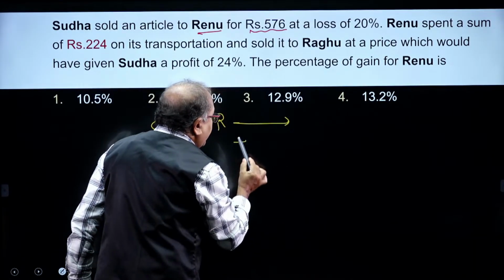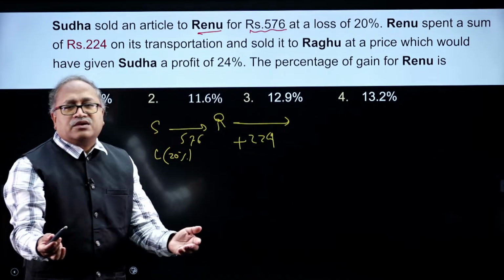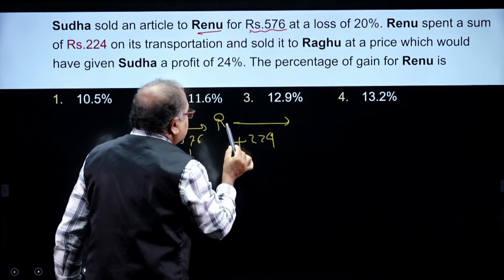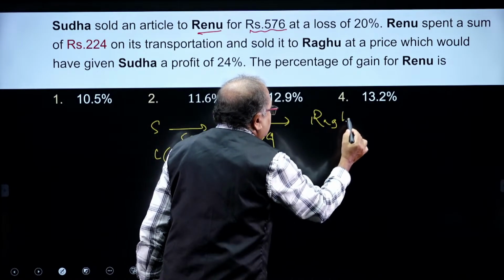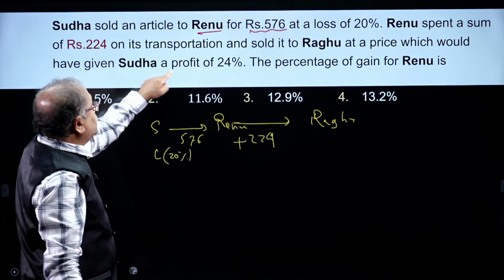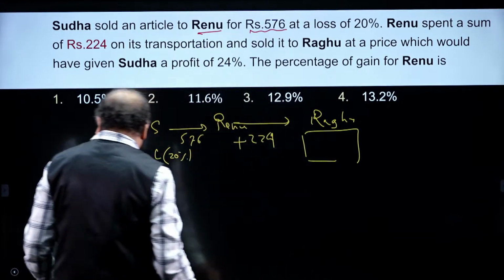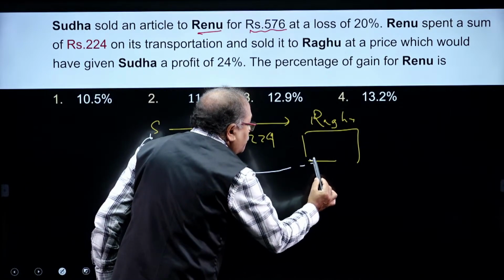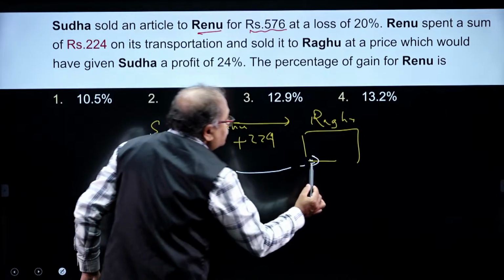So, Renu added 224, maybe it is a transportation or repair or anything, and sold it to Raghu at a price which has given Sudha a 24% profit.